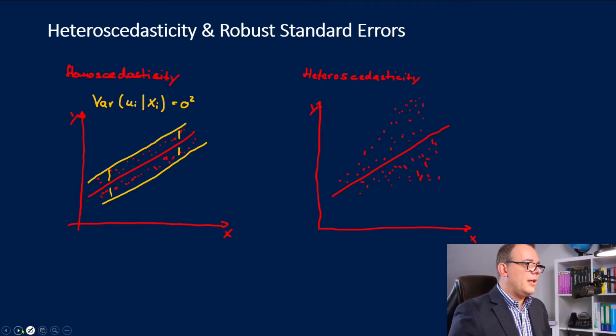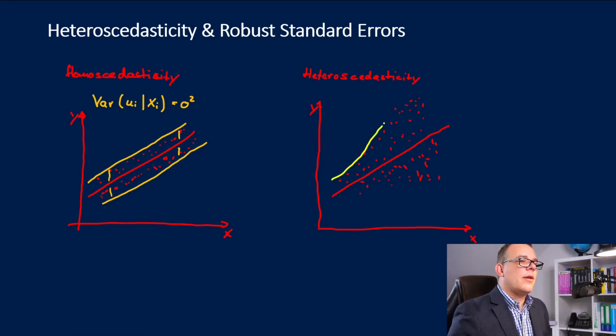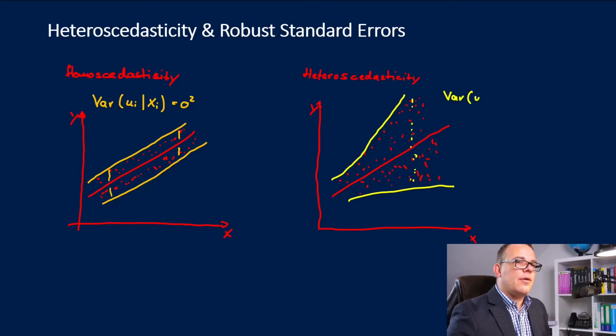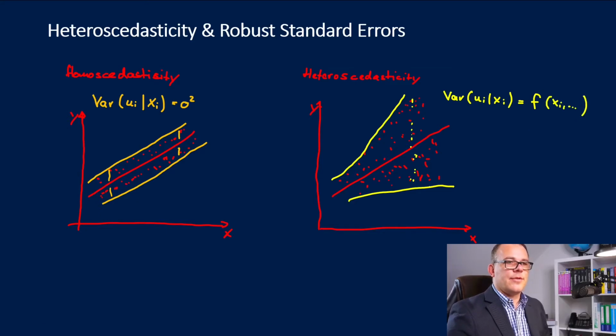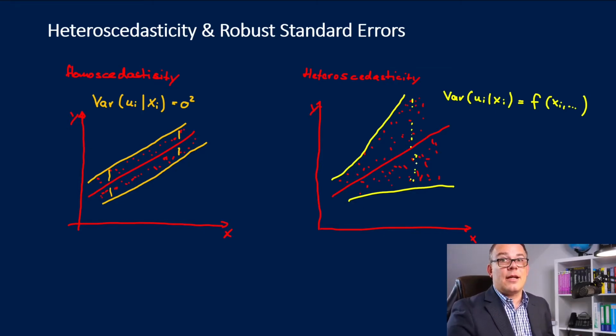Just like this. And if I now add some error bands, it's more than obvious that the residuals here get wider with x. So heteroscedasticity means that the variance of the error terms given x is not constant, but is some kind of function of x and other parameters. It can be a trumpet looking to the right, it can be a trumpet pointing to the left. However, nevertheless, they are not constant.